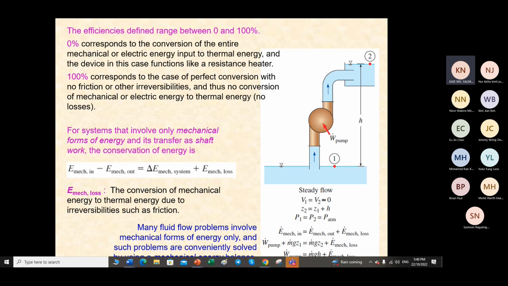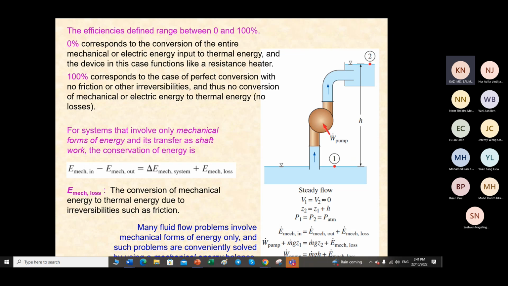In this case, we can write down that for steady flow, V1 and V2, the velocity at the surface of the reservoir and the velocity at the surface of the discharge reservoir, in both cases are equal to 0.